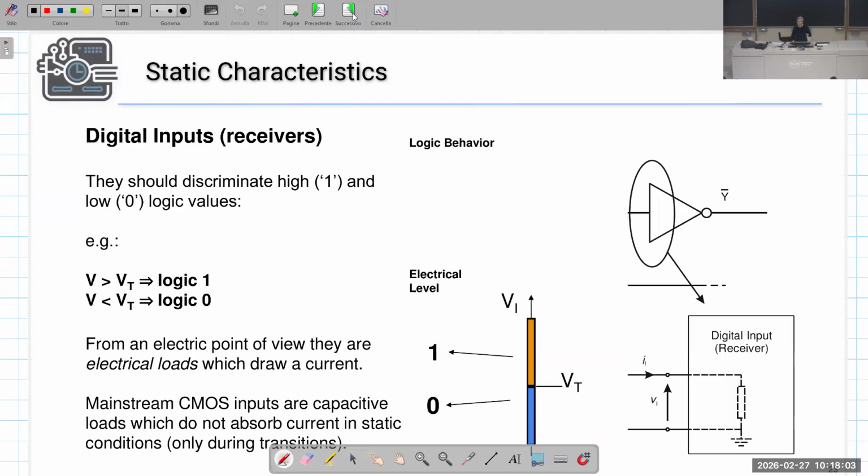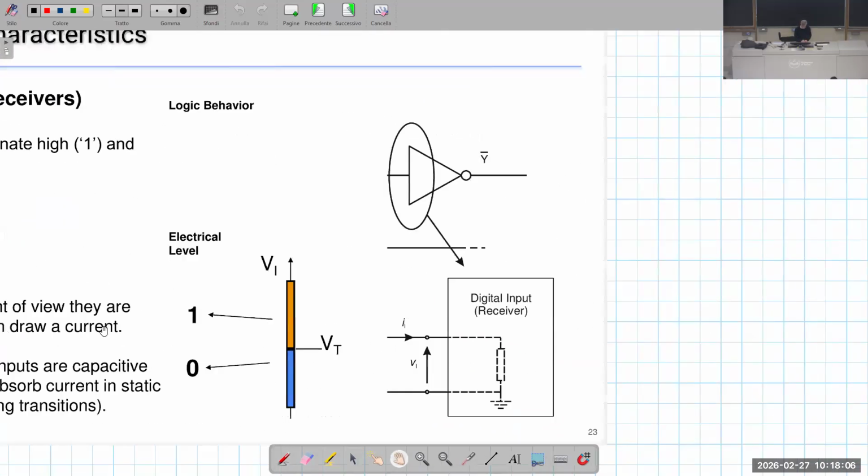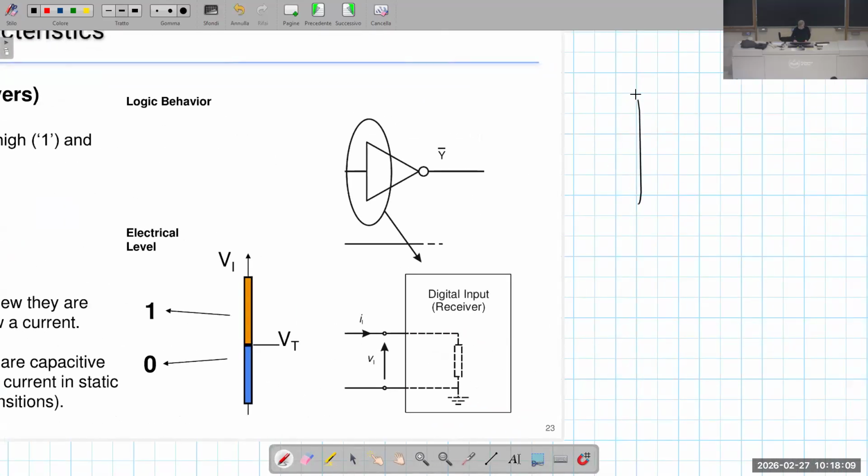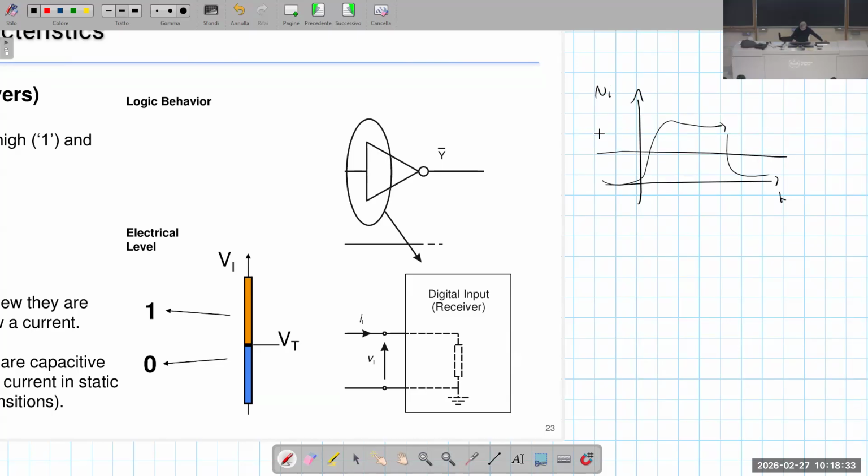In the simplified picture about digital signals that we have introduced starting from the first lecture, if we have a signal Vi, more or less a digital signal with two levels, this is considered as one if it is above a threshold, and it is considered a logic 0 if it is below a threshold.